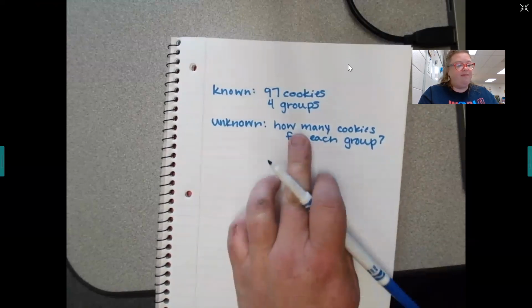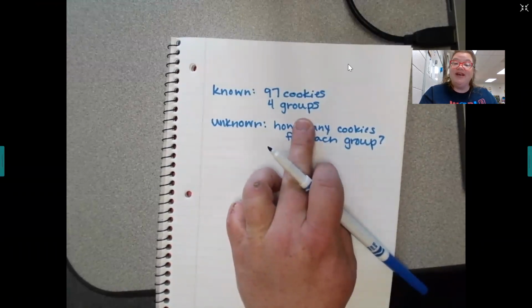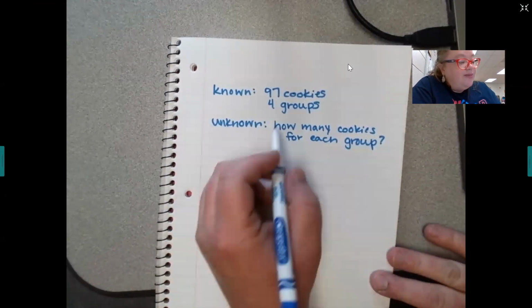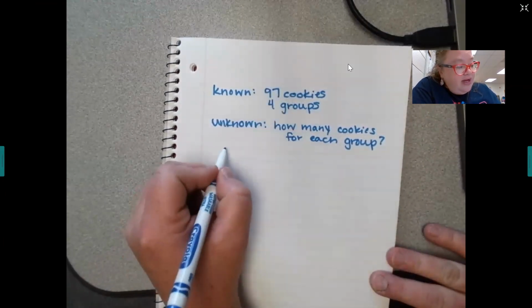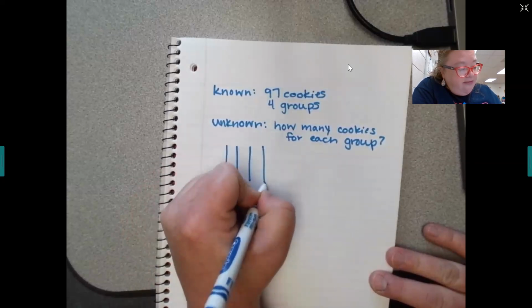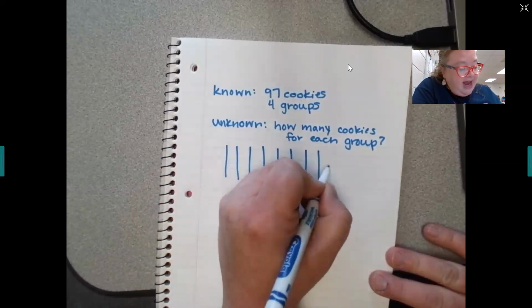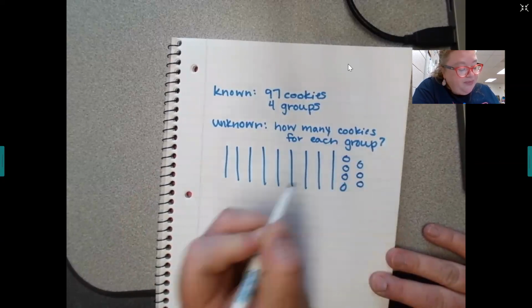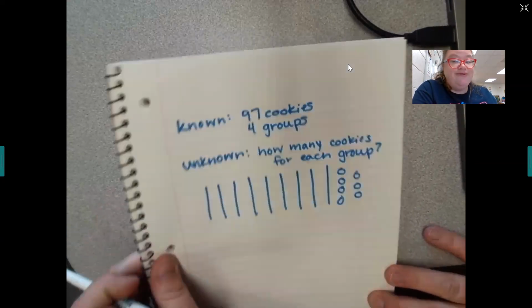So my known is that there are 97 cookies and there are 4 groups. How many cookies for each group? So I'm going to start with my model. 10, 20, 30, 40, 50, 60, 70, 80, 90, and 7 ones. Okay. And I'm putting them into 4 groups.